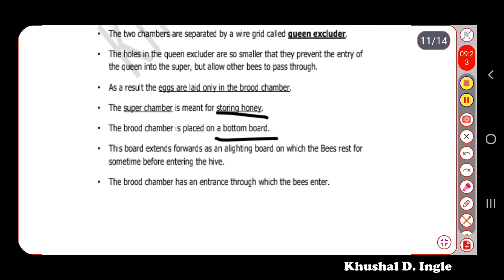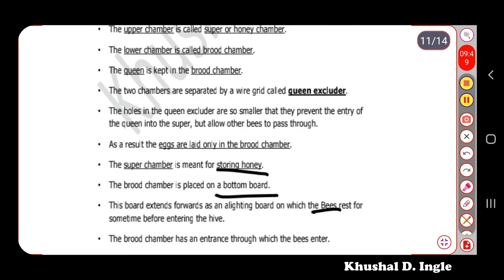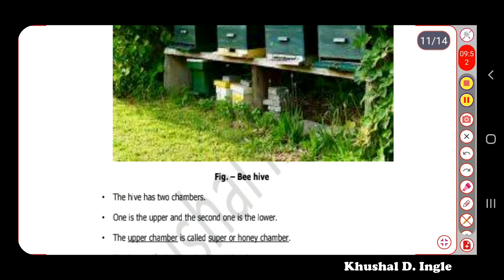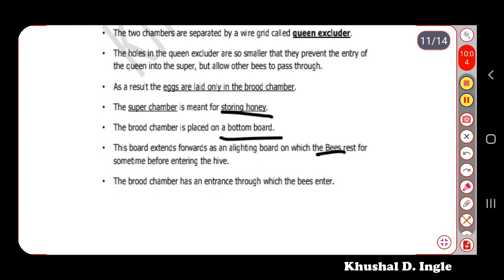So this is the extended part, where the workers will rest for some time before entering the hive or before going outside from the hive. Then the brood chamber has an entrance through which the bees enter.